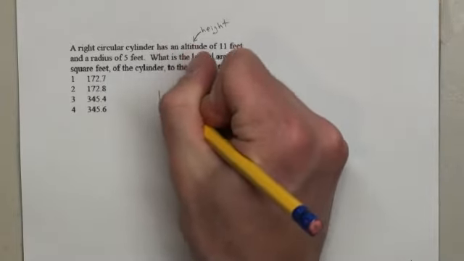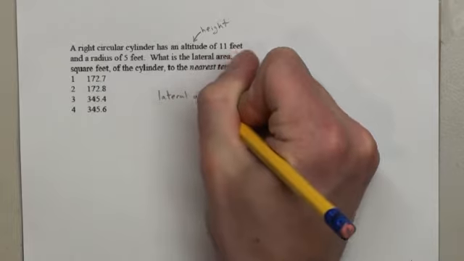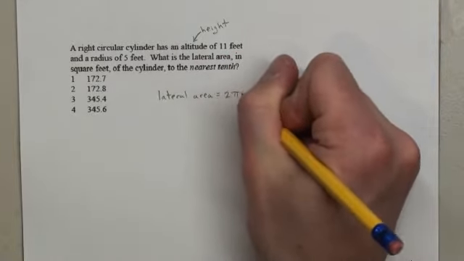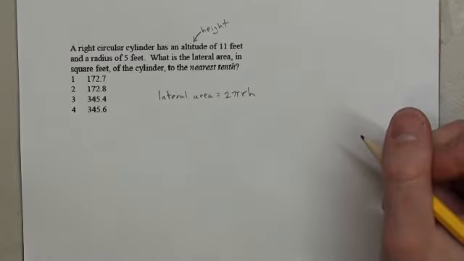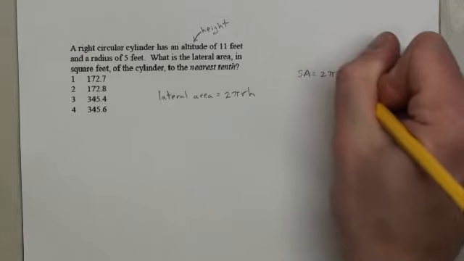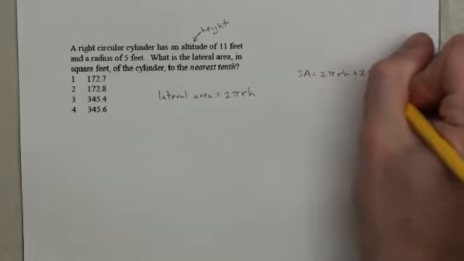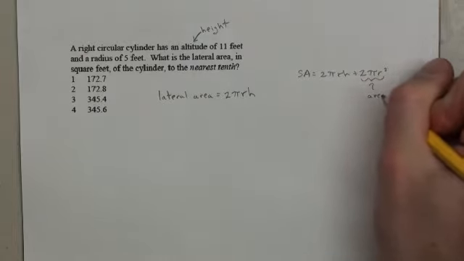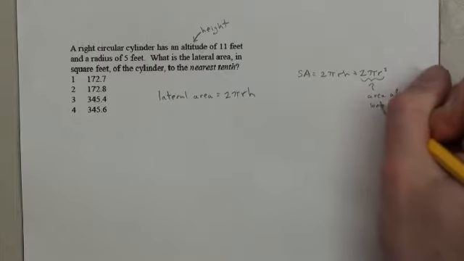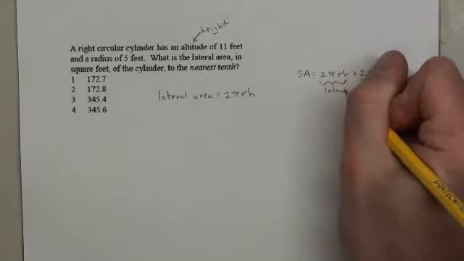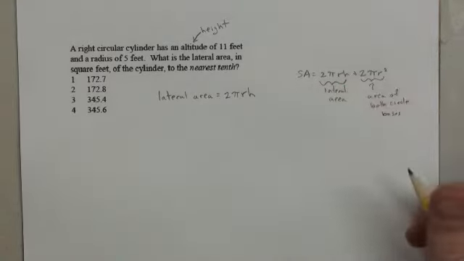Remember, the lateral area equals 2 pi r h. When we have our surface area formula, it's 2 pi r h plus 2 pi r squared. This part was the area of both circle bases. This is the lateral area.